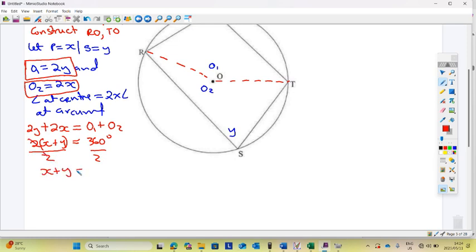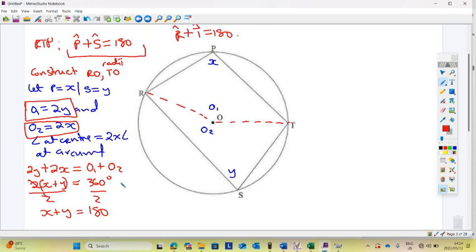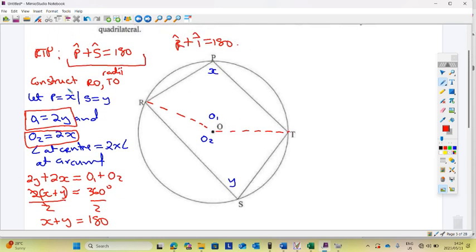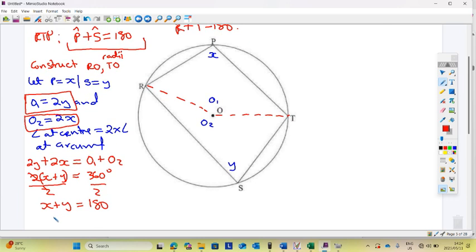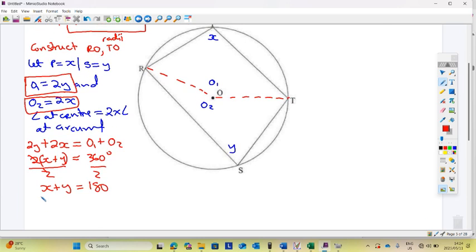So your x plus your y is equal to 180 degrees, and that is what we wanted to show here. So we are saying therefore P plus S is equal to 180 degrees. They are supplementary, and that is what you were supposed to prove.